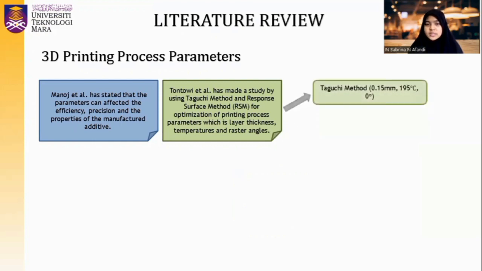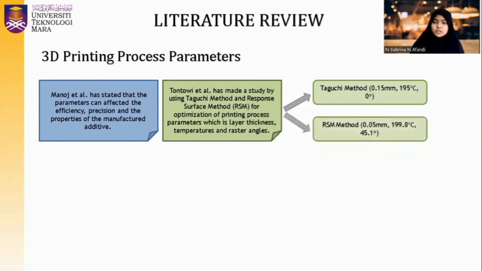Tontawi has made a study by using Taguchi method and RSM optimization of printing process parameters, which is layer thickness, temperatures, and rest angles. Made a comparison between Taguchi method and RSM method. For Taguchi method, the optimal result for layer thickness, temperatures, and rest angle is 0.15 millimeters, 195 degrees Celsius with 0 degree of rest angles.